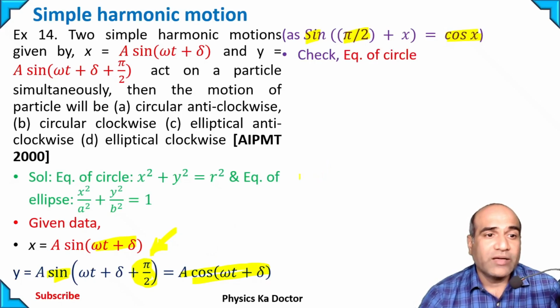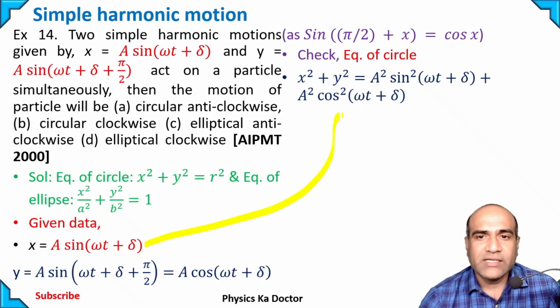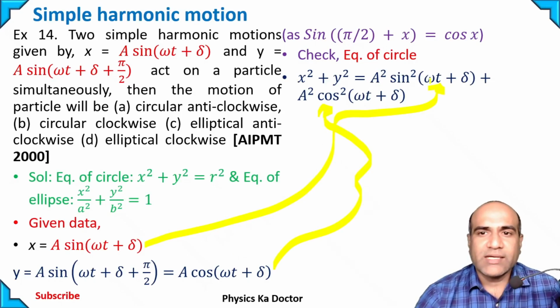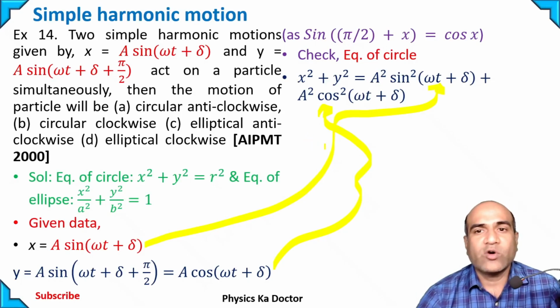Let's check in the equation x square plus y square equal to r square. Let's put these values in. This is the value of x and this is the value of y. So a square sine square omega t plus delta plus a square cos square omega t plus delta.